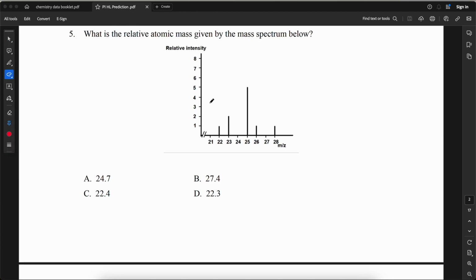To find the relative atomic mass from the spectrum, that would be 22 times 1 plus 23 times 2 plus 25 times 5, plus 26 times 1 plus 28 times 1, divided by 1 times 2 plus 2 plus 5 plus 1 plus 1, and you'll get 247 divided by 10, which is 24.7.